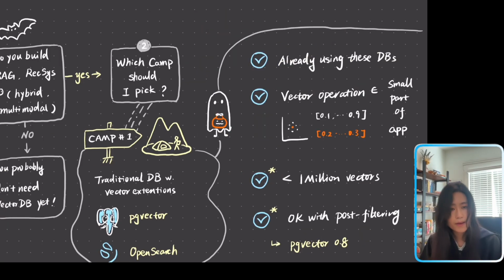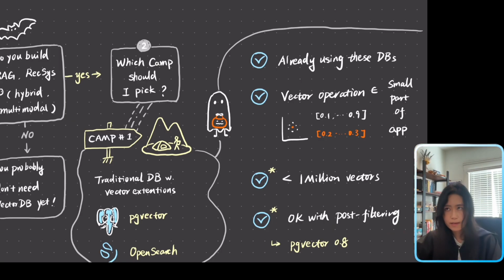In order to pick, you want to consider your existing infrastructure. Are you already using a traditional database like Postgres or Elasticsearch? If your vector operation is only a small part of your app, and maybe you have fewer than 1 million vectors, you might also need to accept a limitation: when you are filtering, you can only do post-filtering.